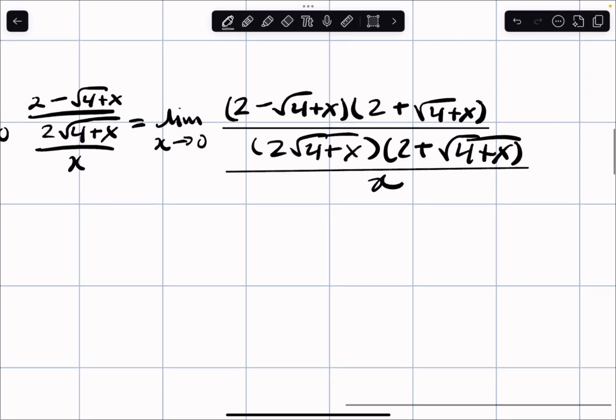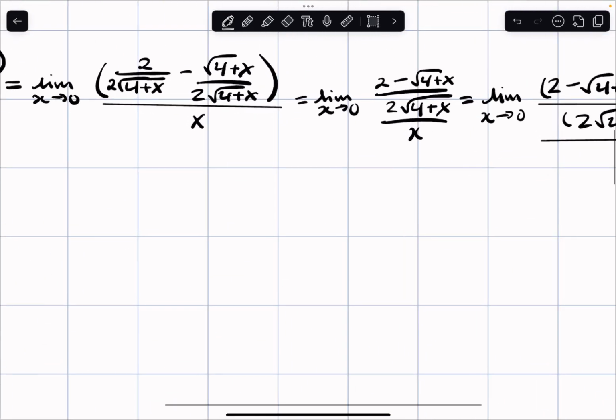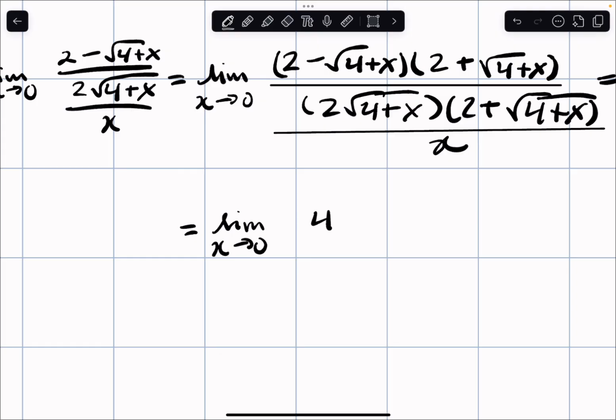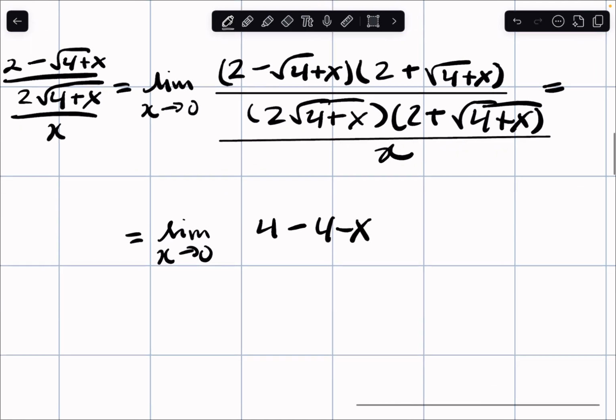And now it's just applying it out. So we can remove the O and the I in FOIL because of the opposite sign property, the difference of squares. So then it would be 4 minus 4 minus x.